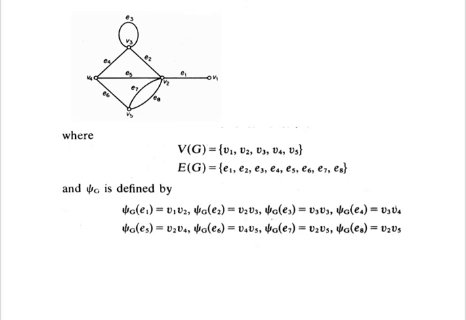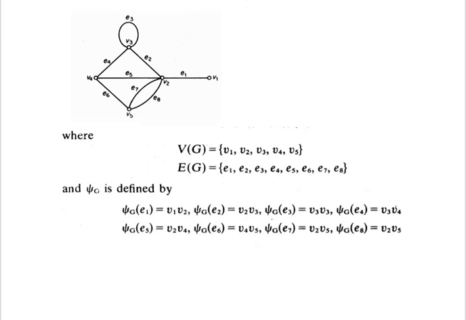That is why it is written as psi_G(E1) = V1V2. Similarly, if you observe the edge E2 in the figure, its end vertices are V2 and V3. Therefore, psi_G(E2) = V2V3. In the same way, psi_G(E3) is V3V3, psi_G(E4) is equal to V3V4, and so on.